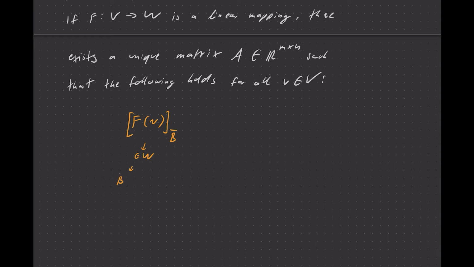So these are the B bar coordinates of the image of the vector V.